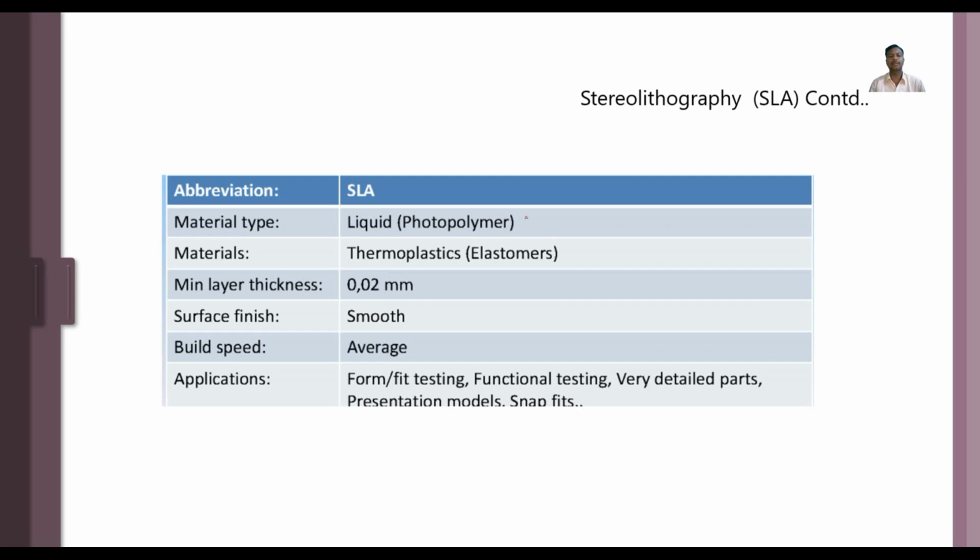The materials we generally use are photopolymers, and thermoplastic applications, with layer thickness of 0.02 mm. We can go up to that particular thickness, and a highly smooth surface finish can be achieved with this. Build speed is average compared to FDM.